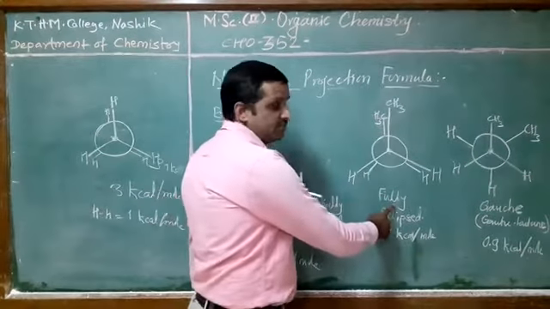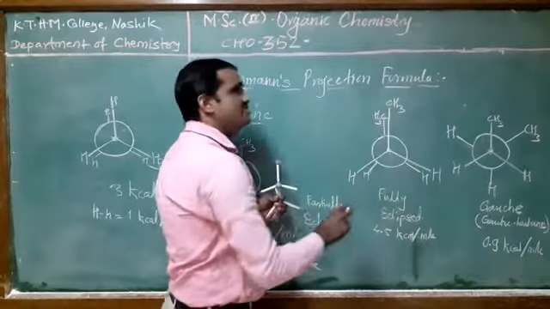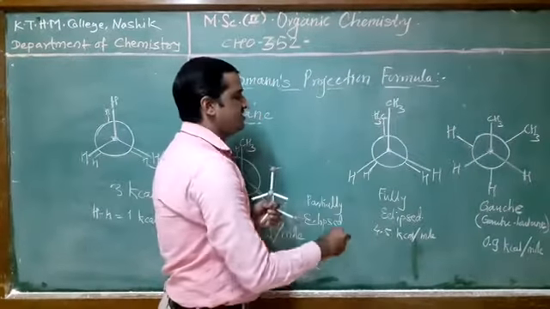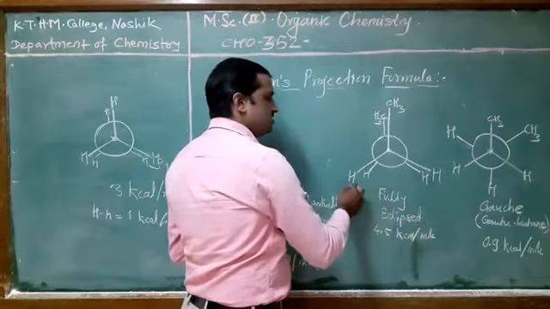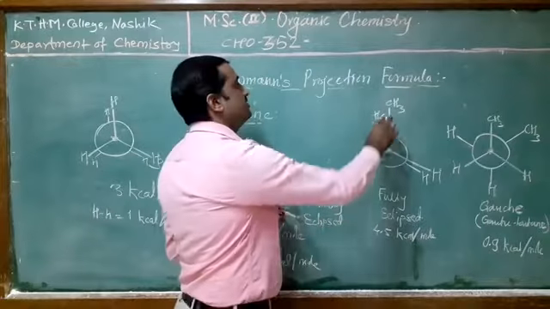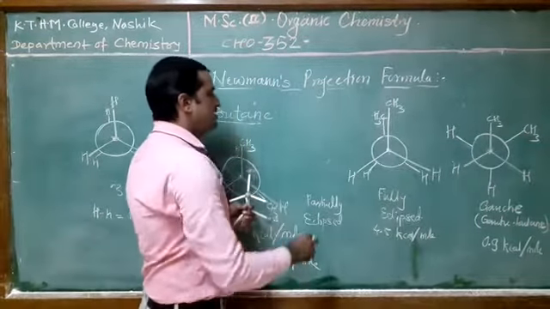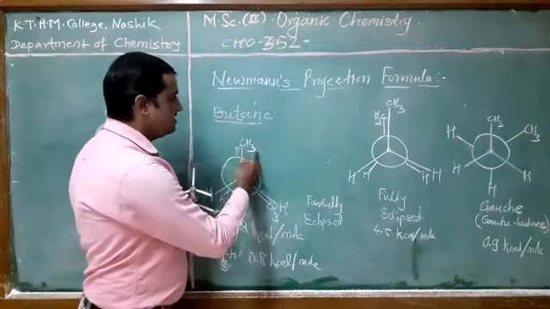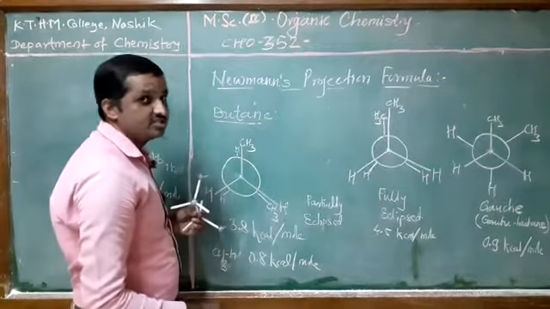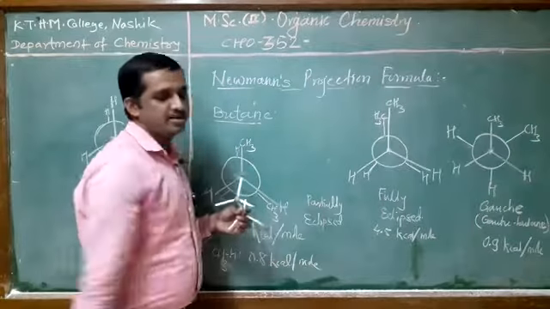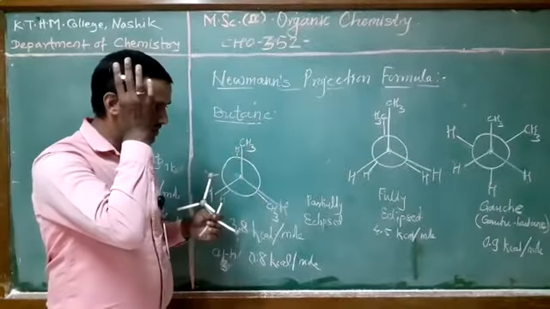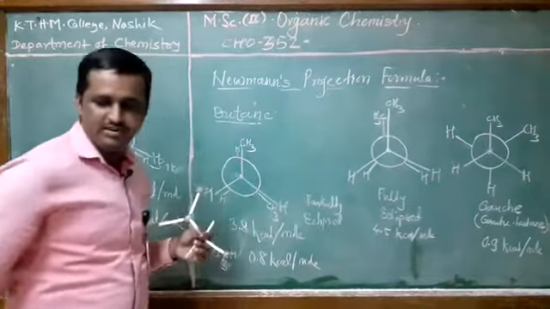In fully eclipse conformation, CH3 and CH3 are in eclipse condition, and hydrogens are in eclipse condition. Here CH3 groups are in eclipse condition, that is why it is fully eclipse conformation, but here CH3 and H are in eclipse condition, that is why it is partially eclipse, and the energy content is found to be quite less as compared to this fully eclipse conformation.